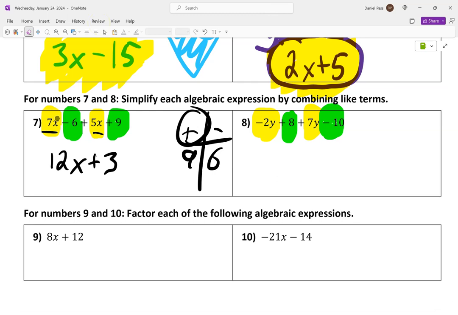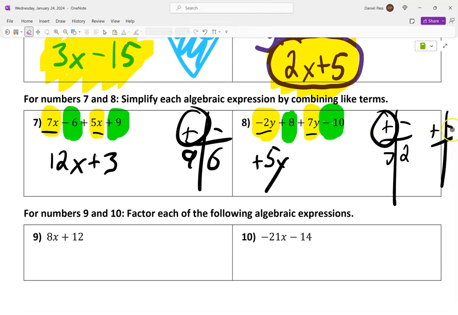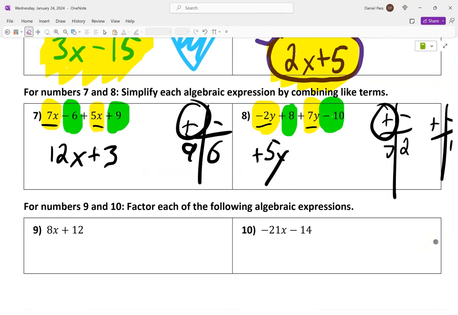Okay, -2y +7. We have a good guy, bad guy here we have to do. -2 +7, +5y. Another good guy, bad guy. Oopsies. It's a little too far over.